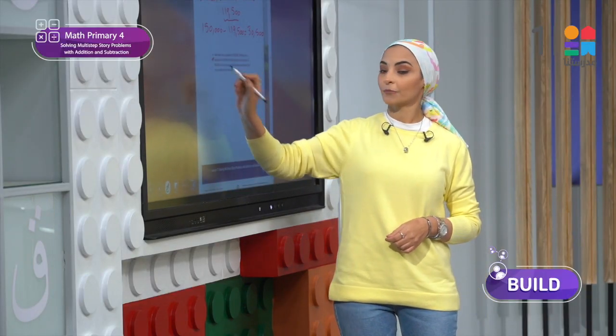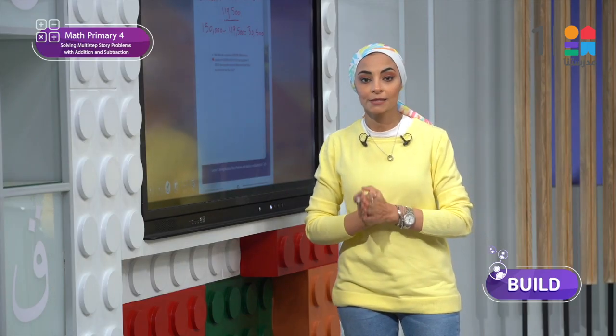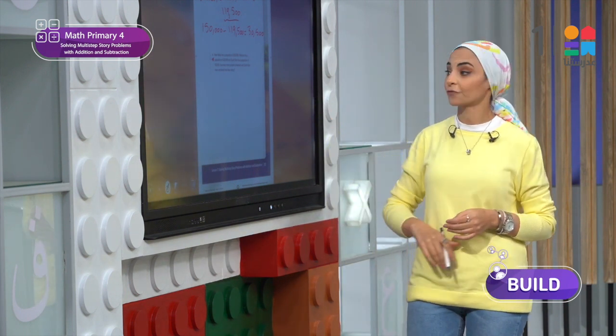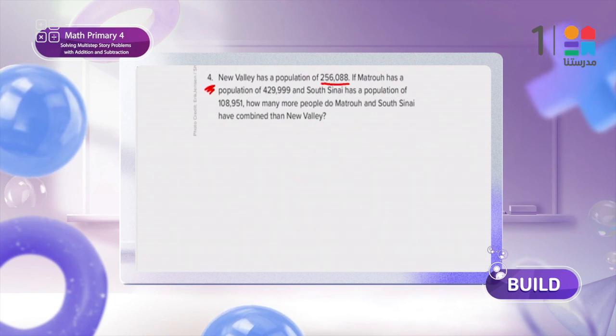Here is problem number 4 as you see it. The question is how many more people do Matruh and South Sina have. Okay, come, before doing this, let's read the question first. Here, New Valley has a population of 256,088.